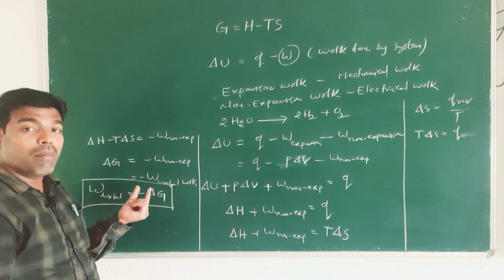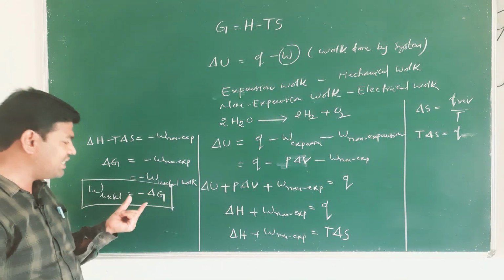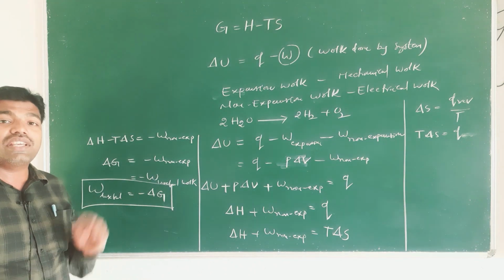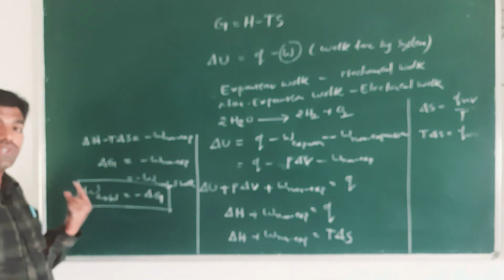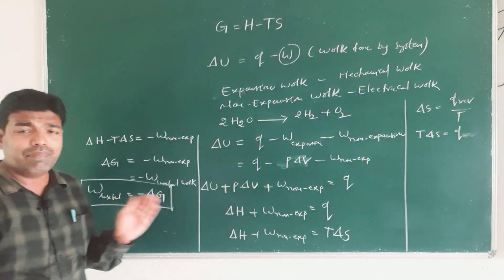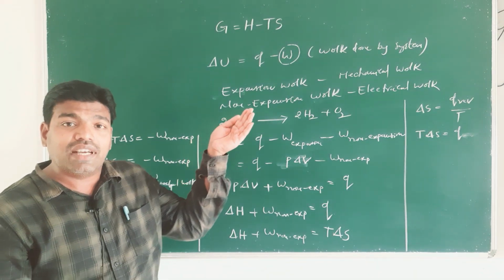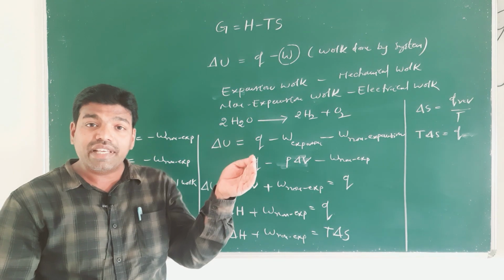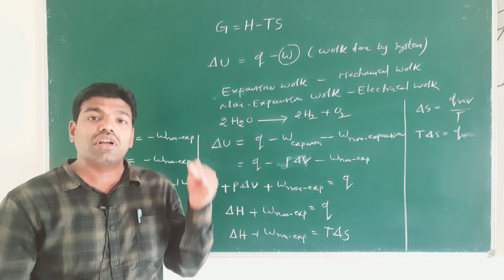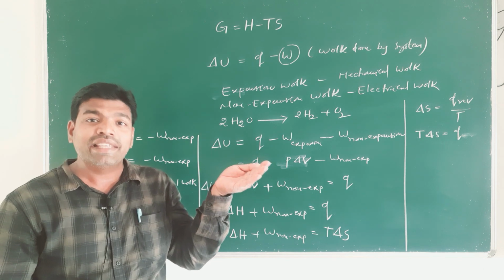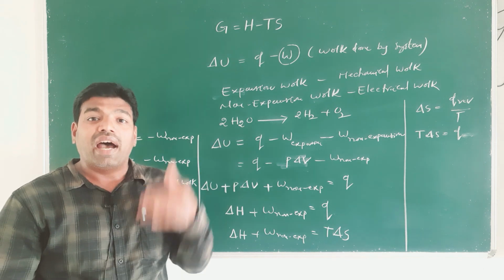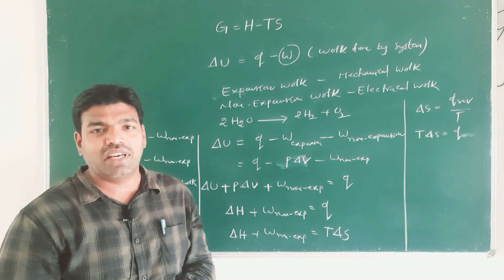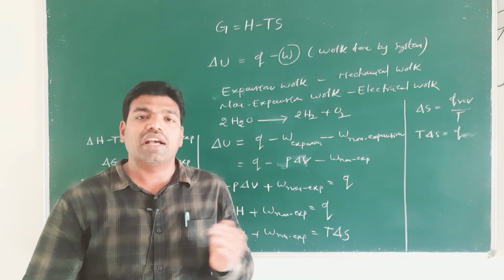This equation states that the decrease in free energy is a measure of useful work. That means the decrease in Gibbs free energy is a measure of useful work. Greater the free energy of the system, higher is the useful work. So this is the significance of Gibbs free energy.